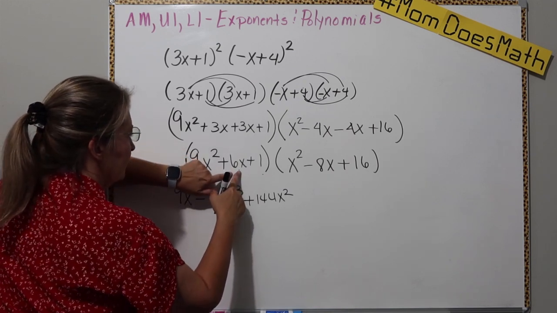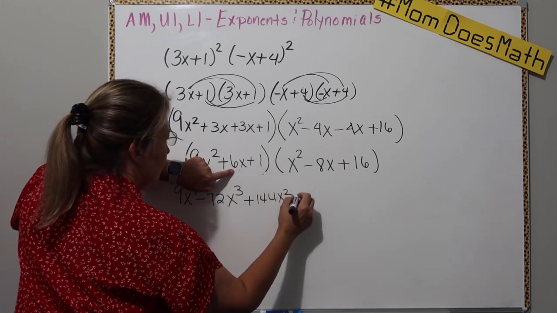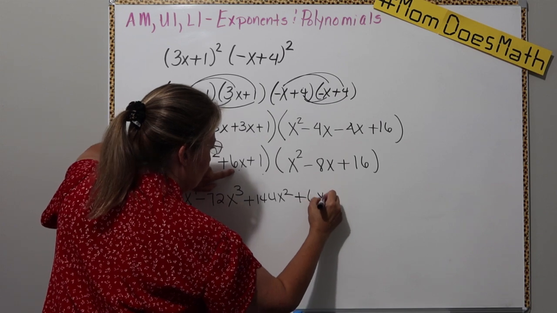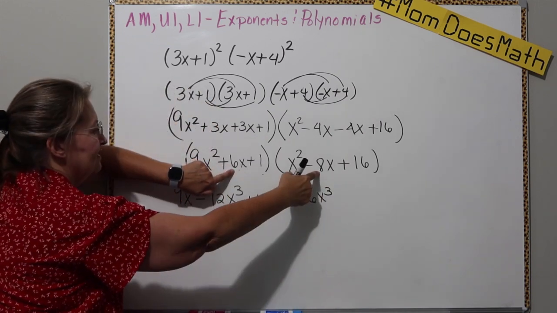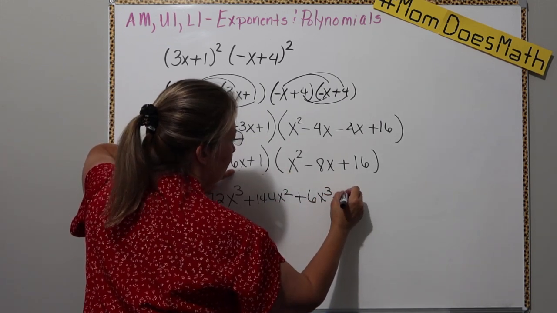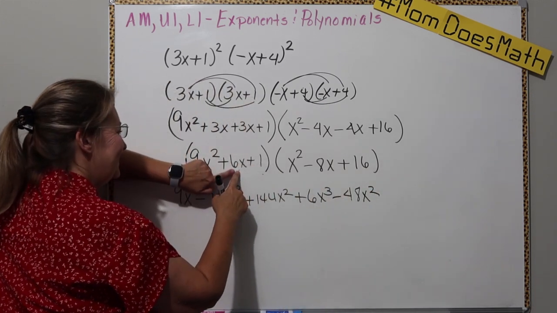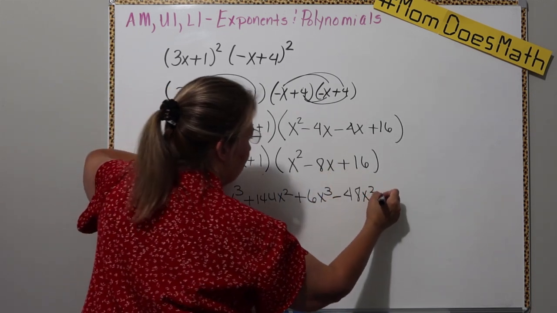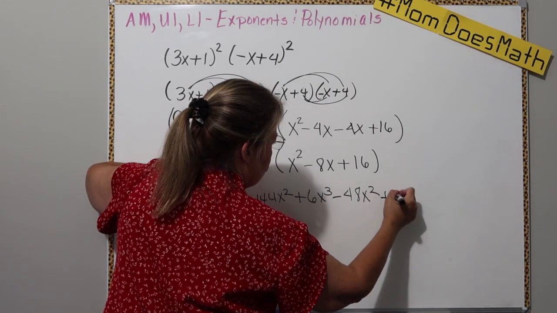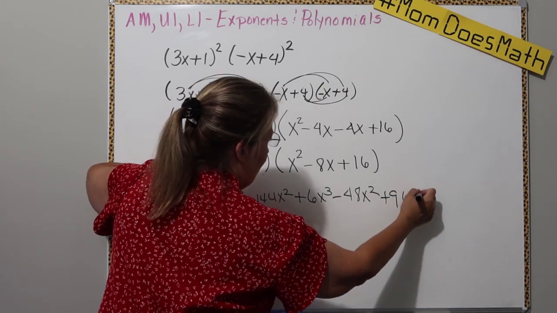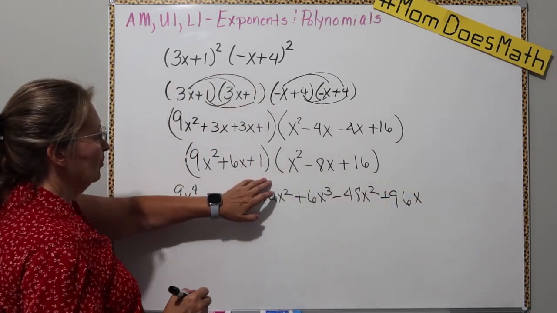Alright, now let's do 6x. 6x times x squared is 6x to the 3rd. And 6x times negative 8x is negative 48x squared. And 6 times 16, it's going to be positive 96x.